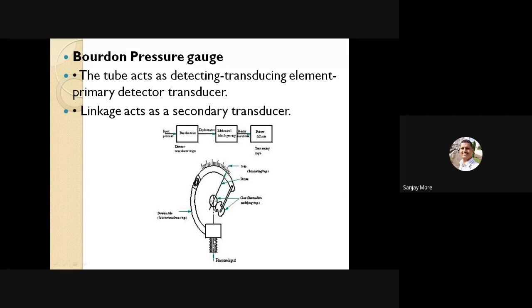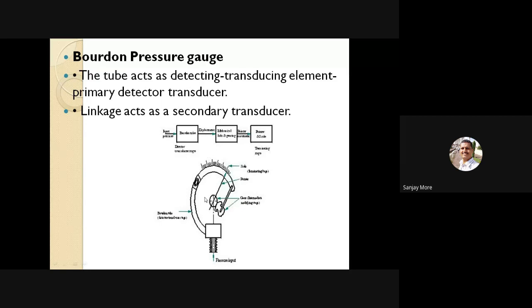When you apply pressure here, this tube deflects slightly and this rack and pinion arrangement attached to the pointer moves it left and right and displays the readings. So see how the Bourdon pressure gauge works. Input pressure goes into the Bourdon tube, so that is the primary sensing element, meaning the transducer.